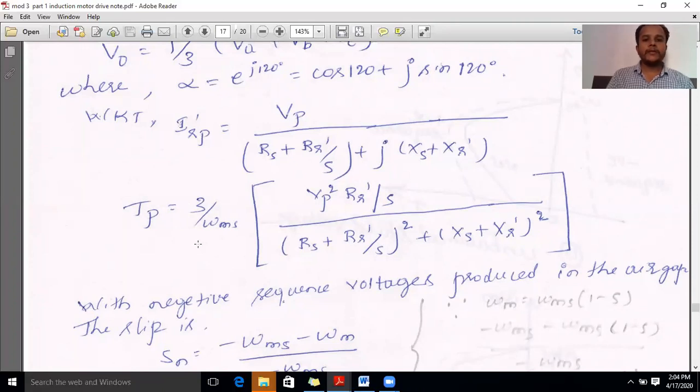Again it is 3 divided by omega ms times Vp square Rr dash divided by S, divided by (Rs plus Rr dash divided by S) square plus (Xs plus Xr dash) square. This is TP, the positive sequence torque.